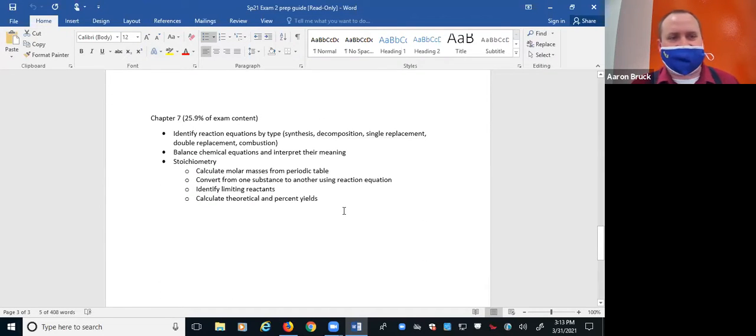Chapter 7 is basically a 2-concept chapter. We've got balancing and identifying reaction equations, and we've got stoichiometry. And that stoichiometry does include limiting reactants.